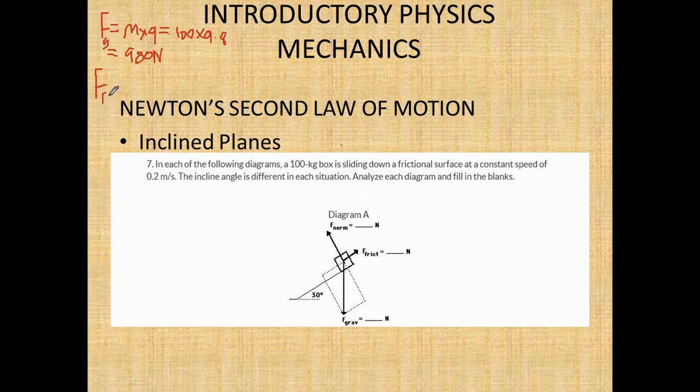So we know that the normal force is equal to the mass times acceleration due to gravity times the cosine of the angle, the inclined angle, and it's 30 degrees, cosine of 30. All right, so again, the cosine of 30 is 0.87.